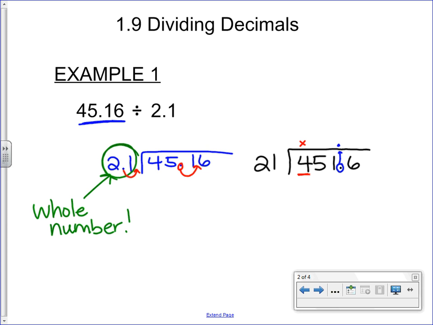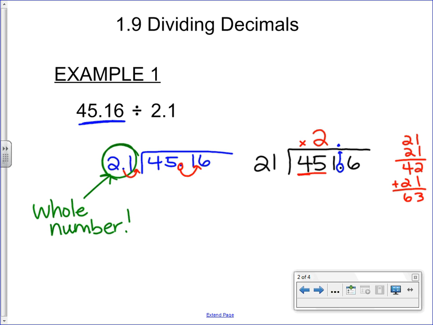So next we ask how many times does 21 go into 45? You can divide that on your calculators, or I'm just going to add it on the side. Okay, and I noticed that 21 goes into 45 2 times. So I'm going to write a 2 on top.